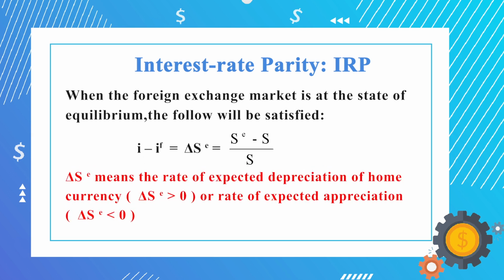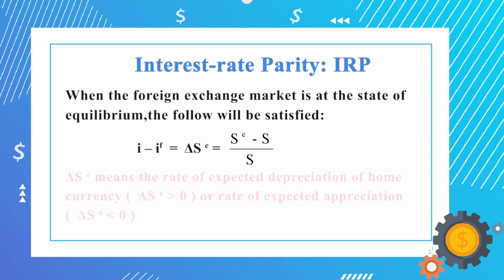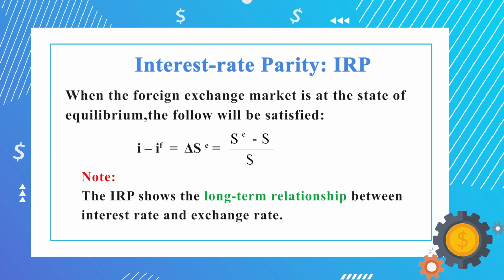When delta S^e is larger than 0, it means the home currency is expected to depreciate. If delta S^e is less than 0, it means the home currency is expected to appreciate. Please note, the IRP theory shows the long-term relationship between interest rate and exchange rate.